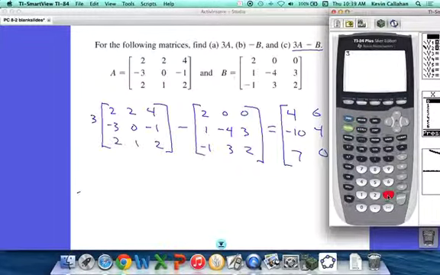Now go back to matrix, second x to the -1, and just pick 1 for A. It puts the A matrix next to the 3, minus second x to the -1, 2 for B. So you just put it in the calculator like that, 3A minus B. You okay with that? Once you hit enter, it makes your matrix for you.